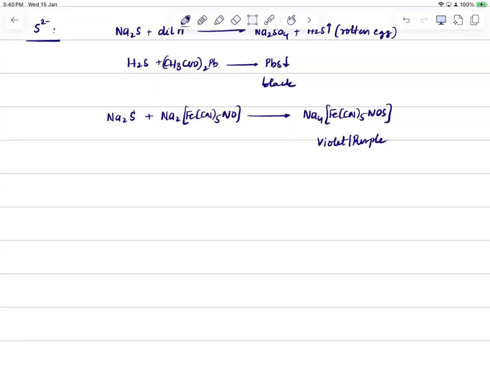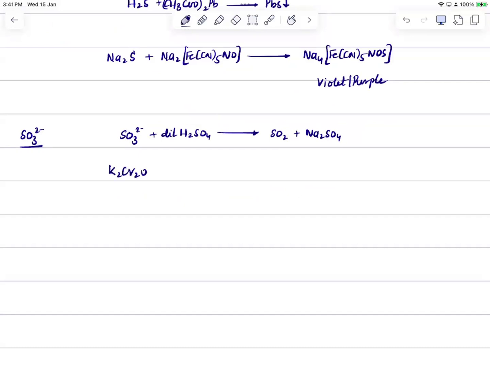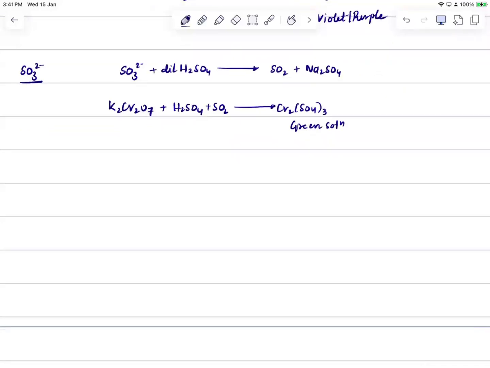Next, if you have SO3 2-, sulfite here, in case of sulfite again we add dilute H2SO4. On dilute H2SO4, we will get SO2 gas plus Na2SO4. Now what we do is, K2Cr2O7, when you treat it with SO2 in the presence of H2SO4, will convert into a green color solution of sulfate. This is a green color solution, that is a confirmation for the following.